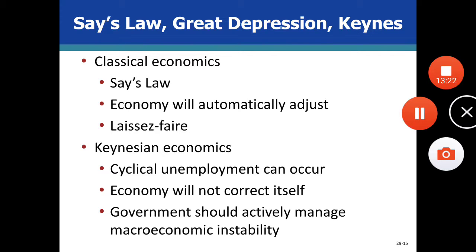So there is a need for the government to intervene to correct it, because economies are not self-adjusting like the classicists say. So this was the Keynesian school of thought, which matches with modern economies. Thank you very much.